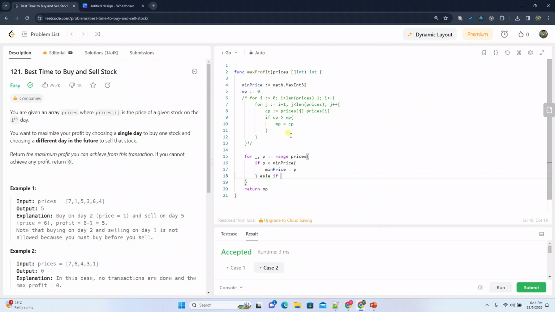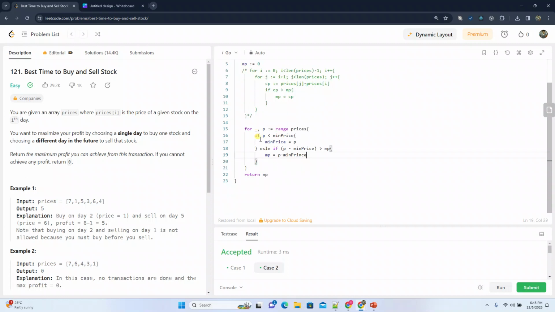Otherwise, as we discussed, we can see the difference between the price and minimum price, p minus minimum price. If this value is greater than maximum profit, then maximum profit is equal to p minus minimum price, right?